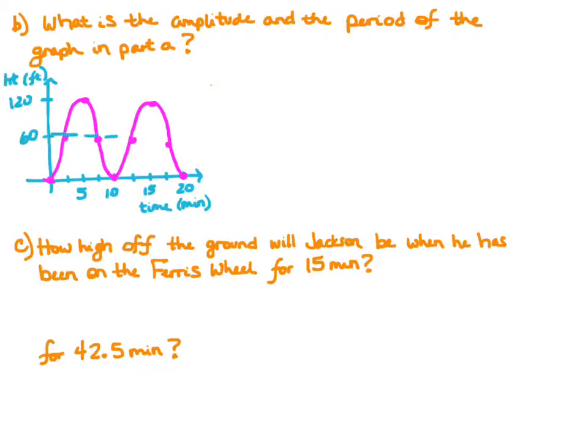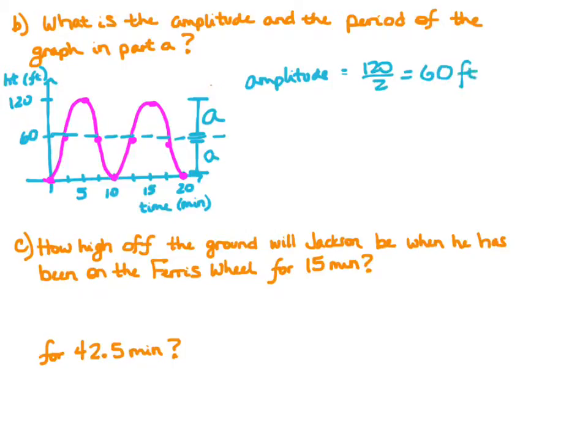Now my midline is going to be here at 60, and so my amplitude is either that distance or this distance, which they should both be the same. In this case, amplitude is going to be 120 divided by 2, which is 60 feet.